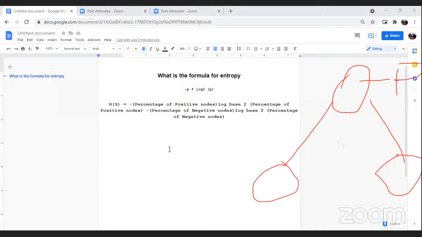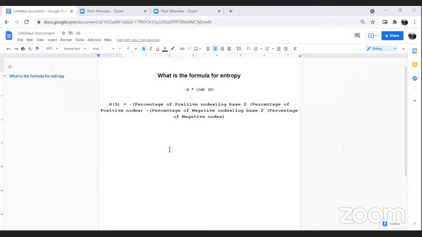Please let me know if you are not understanding it. I might narrow down and explain it in a better way. Is this formula on entropy understood?